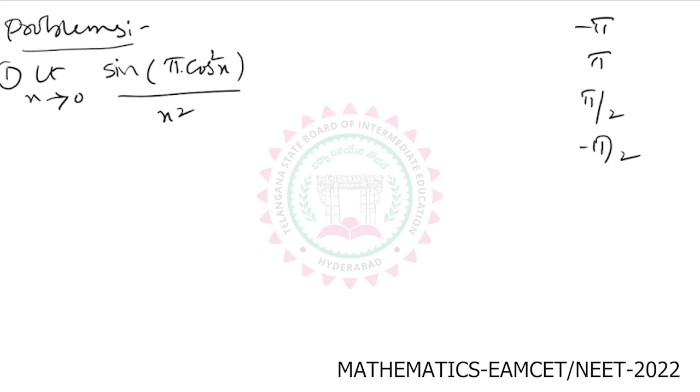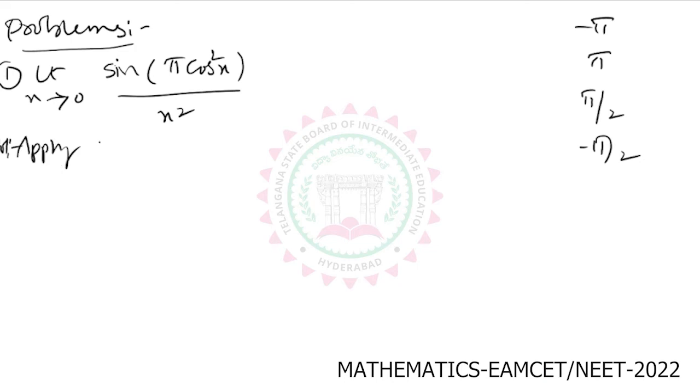So what am I getting? I am getting the answer as 0 by 0. So I am getting the indeterminate form. Therefore, as I told you, whenever you get an indeterminate form, you have to apply L'Hospital. So on substituting x tending to 0, we are getting an indeterminate form.